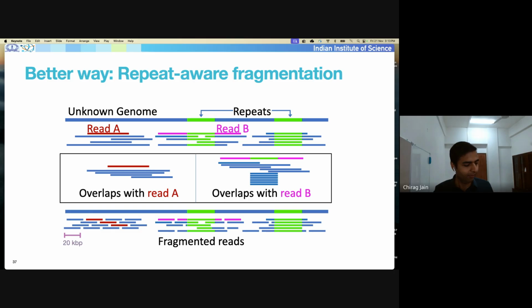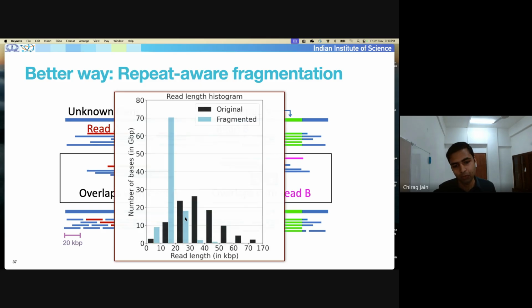So let us see how this idea does in practice. Okay, so let me also show you one thing. This plot is showing you the read length distribution before and after fragmentation. Before, you see this black histogram indicating a wide read length distribution.